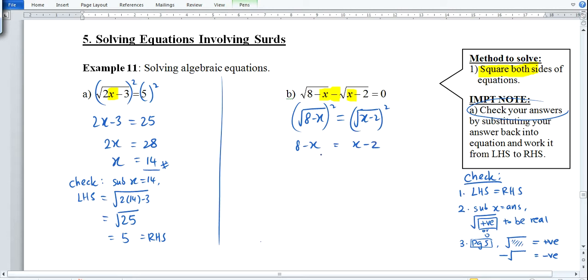If I add 2 on both sides, I will get 10. If I add x on both sides, I will get no x here and then 2x. So x is equal to 5. Please check if you are correct by using the substitution method back into the question.